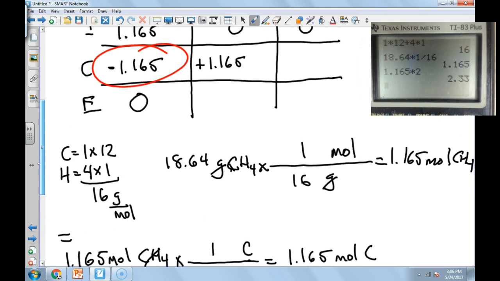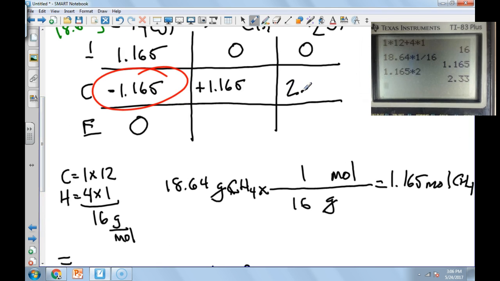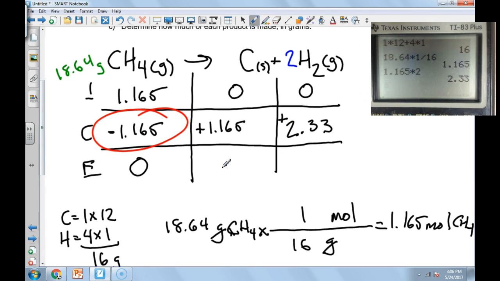So now we come up here, and we put 2.33 moles, and we are adding that to 0. So now we get 1.165, because 0 plus 1.165 is 1.165. Okay, and then 0 plus 2.33 is 2.33. If I can draw that well.